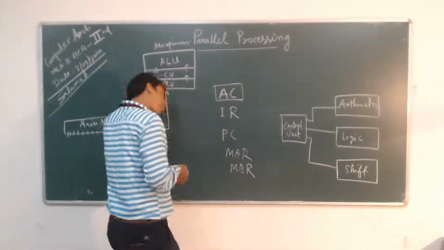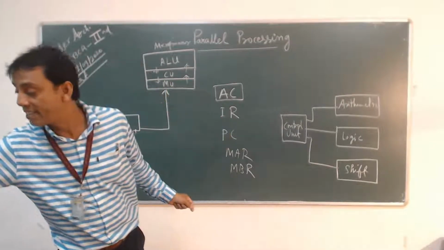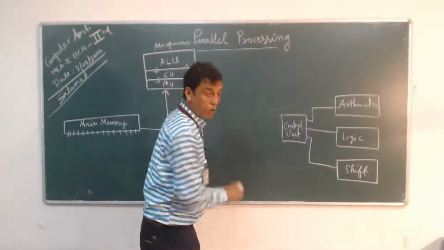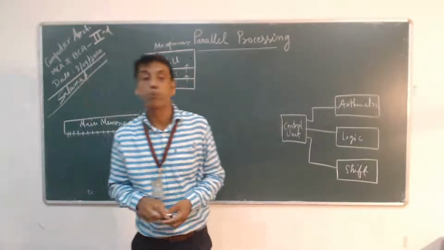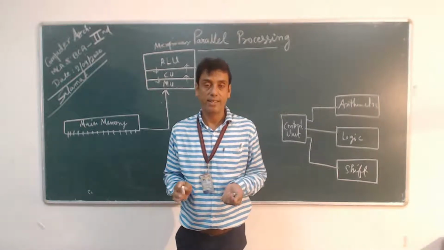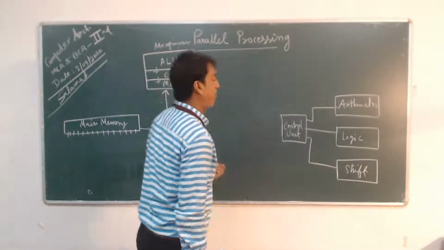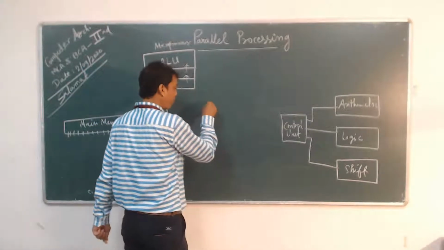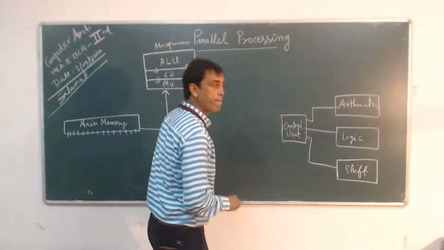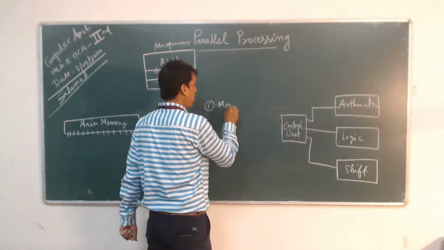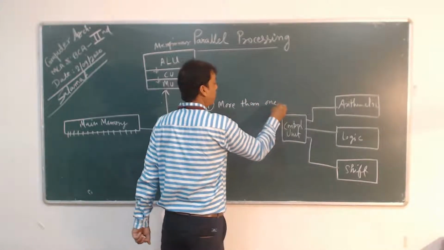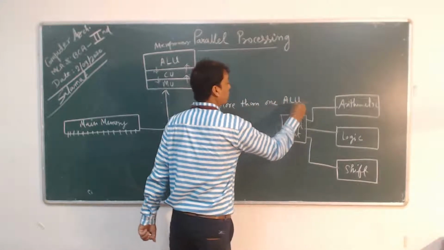First of all, we need to understand how we can make it possible to process more than one instruction simultaneously. There are various ways. The first way is more than one ALU.